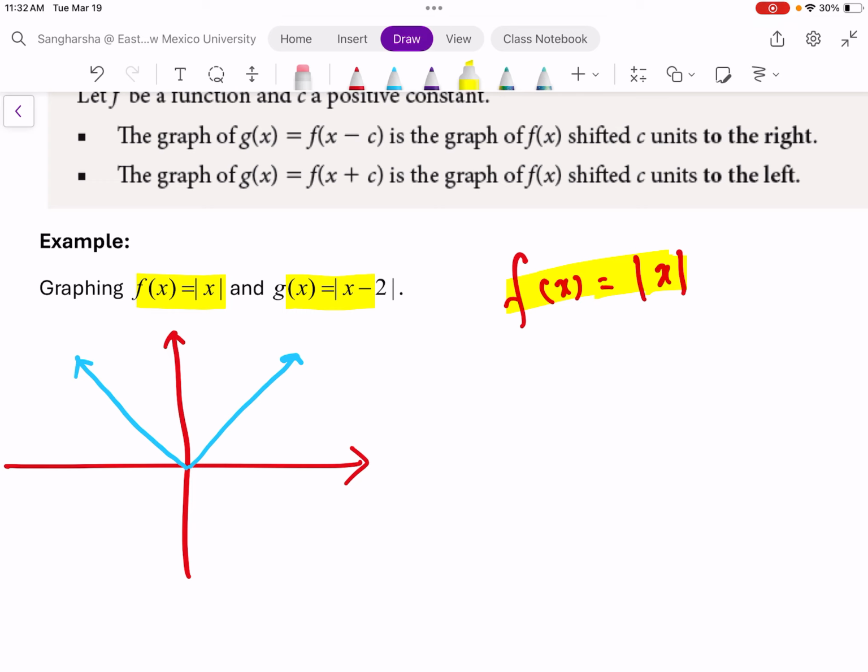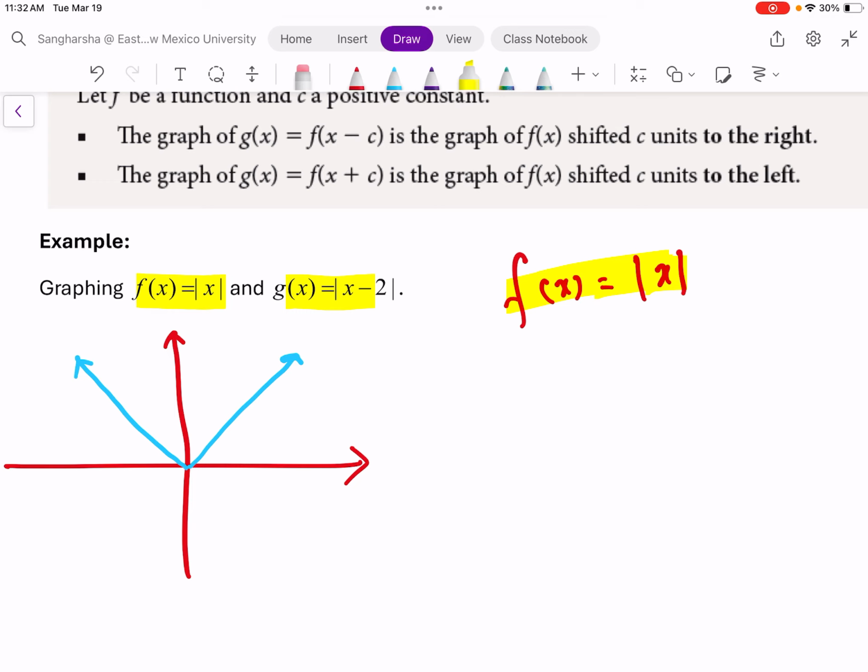Do we have to add a number? Do we have to subtract a number? Or do we have to make a replacement here? Now here, if we compare these two, if we replace x of a basic function by x minus 2, do we get g of x?